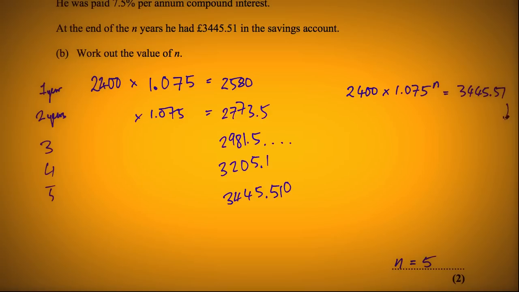If I divide both sides by 2,400, that leaves me with 1.075 to the power of n equals 1.4356, etc. At GCSE level maths, I would then keep on just multiplying 1.075 by itself until I got to this number here, and that happens when n equals 5. So 5 times itself gives me that number there.